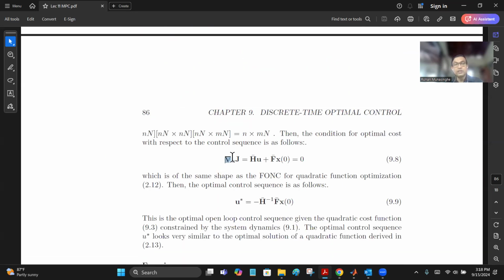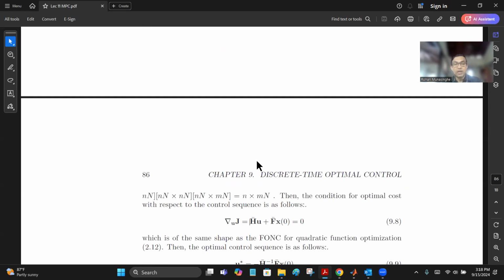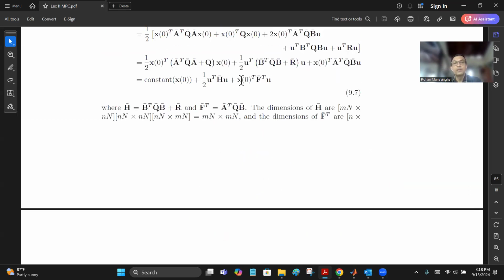When you differentiate, this is the gradient of the j cost function with respect to u. So we write nabla subscript u, which means partial differentiation of j with respect to u as a vector. From the first term, if you have an expression in this arrangement and differentiate with respect to u, it becomes just h times u. The other one is x0 transpose f bar transpose.